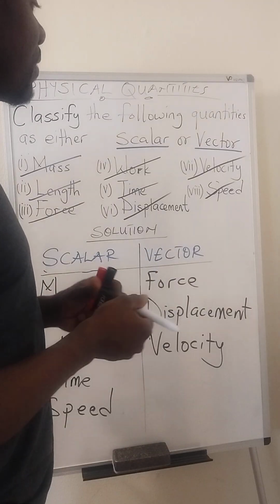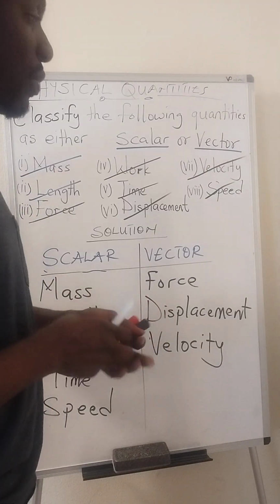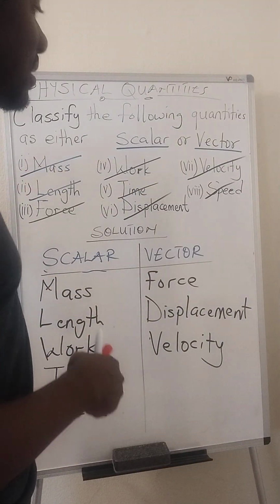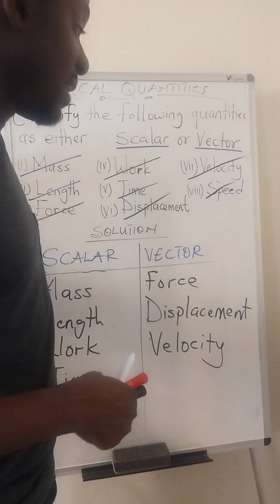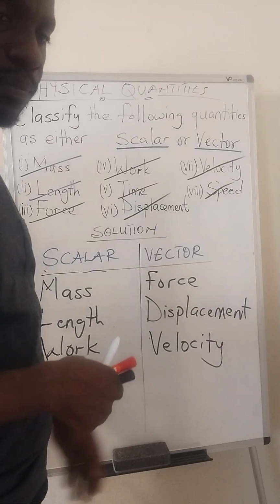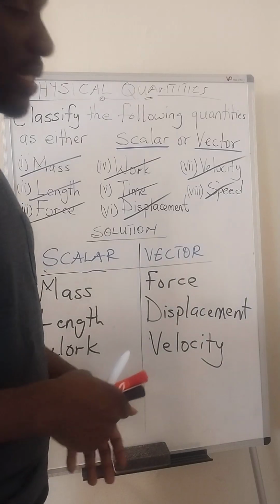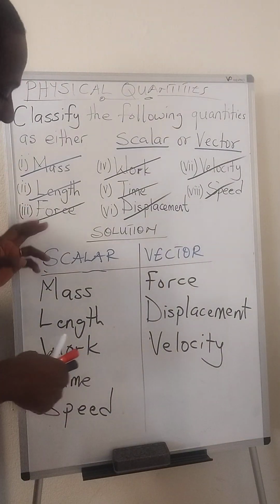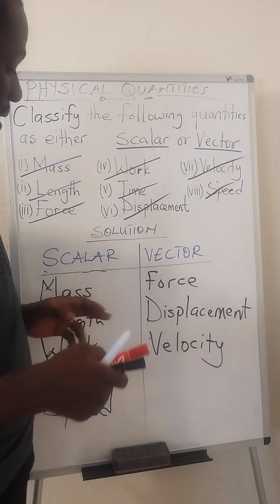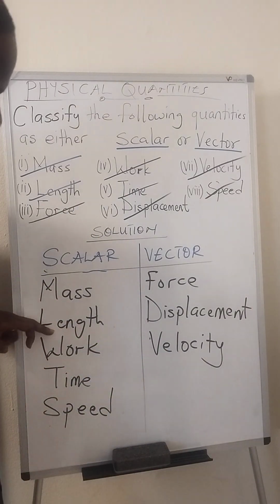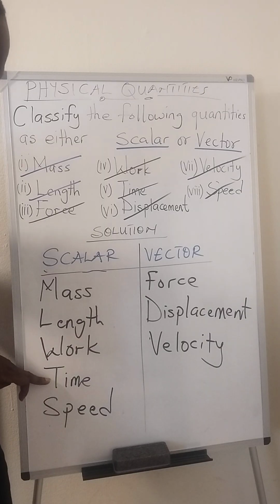And so, from the example that we had, out of these 8 quantities, we have been able to group them under the headings scalar and vector quantity. And so, to wrap it up, the scalar quantities are mass, length, work, time, and speed.